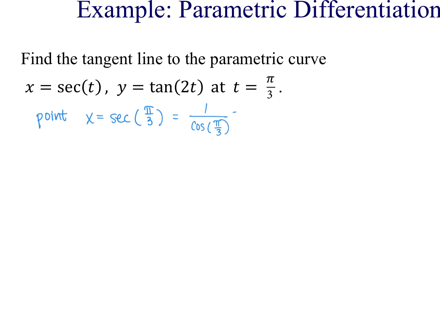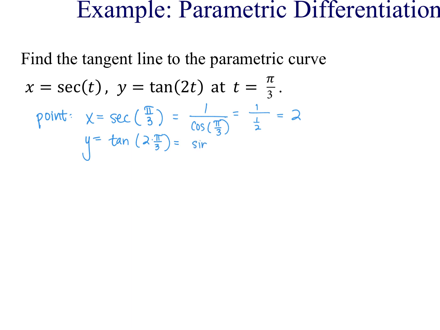I don't know if you're a wave person, thinking of the wave in your mind, or a unit circle person. The cosine of pi thirds is 1/2, so the reciprocal is 2. The y value would be the tangent of 2 times pi thirds, in other words the tangent of 2/3 pi.